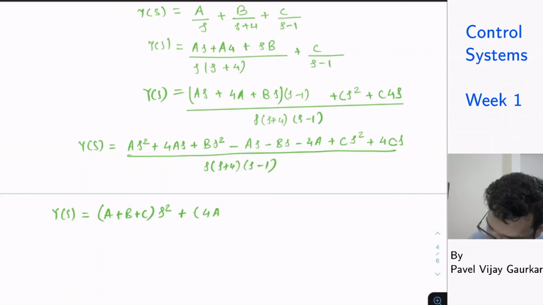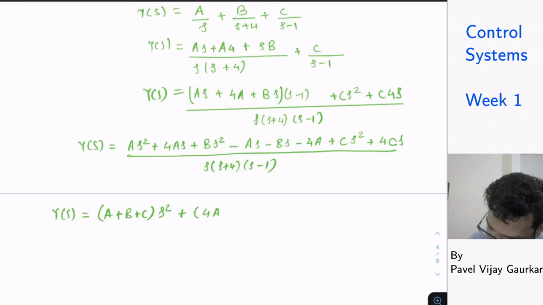So now if we take the inverse Laplace transform, Y(s) will become y(t). The constant term would be the same.